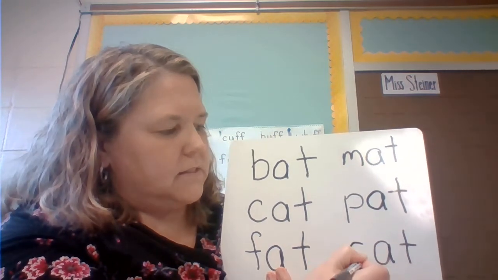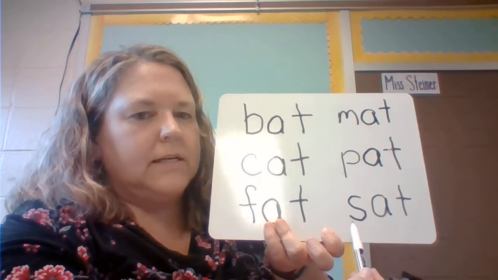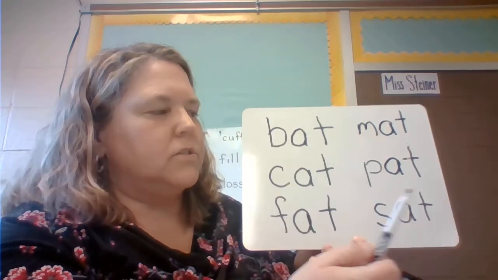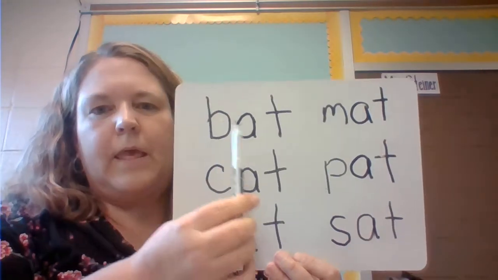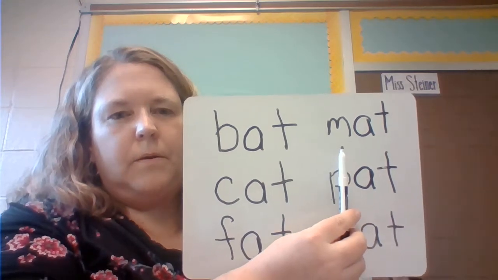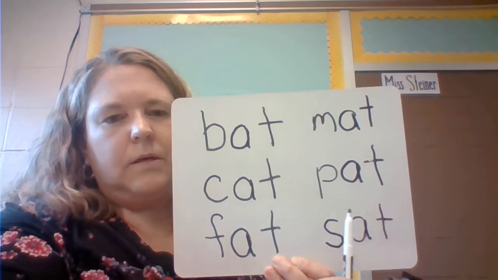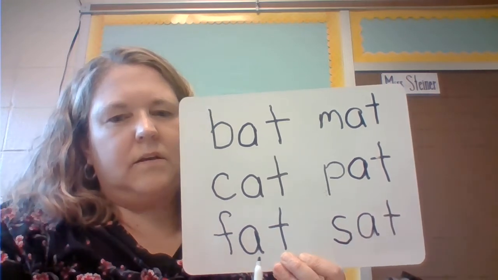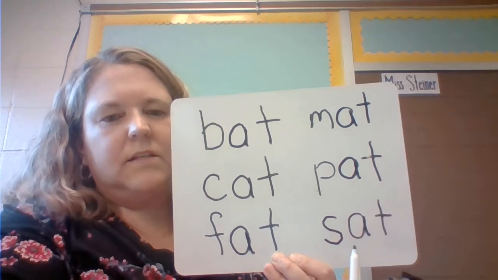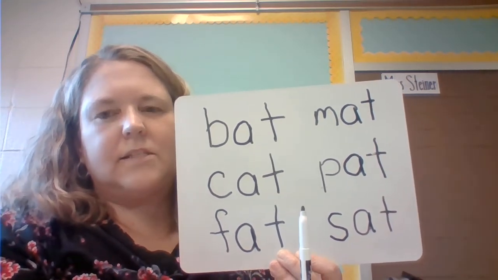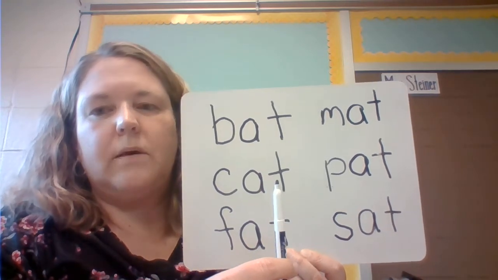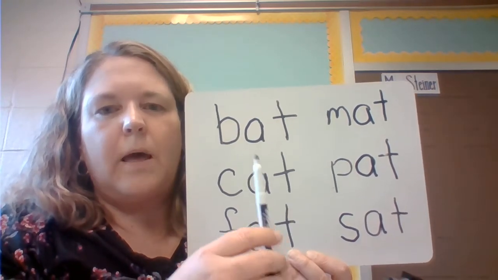And S makes the word sat. So read the words with me. Bat, mat, cat, pat, fat, sat. This time as you read them, I want you to read them in a whisper voice.